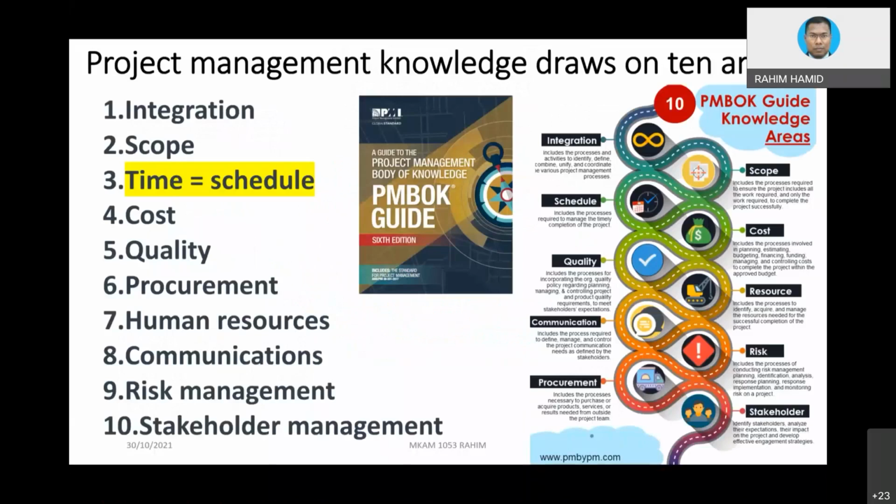Now we go into the project management knowledge areas. I do not want to touch on the detail because I just want to show you that in project management, the PMI BOK, body of knowledge, in whatever discipline that you learn, there must be a body of knowledge. From that body of knowledge, we develop the curriculum and syllabus of your degree.